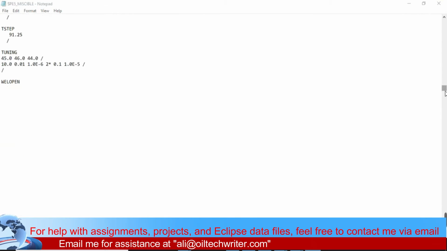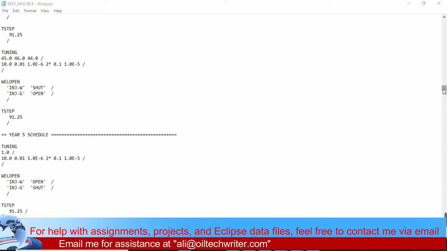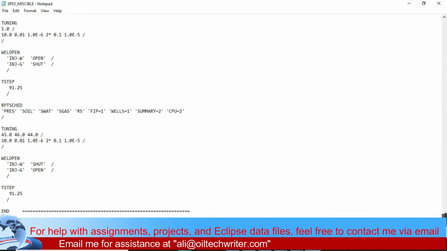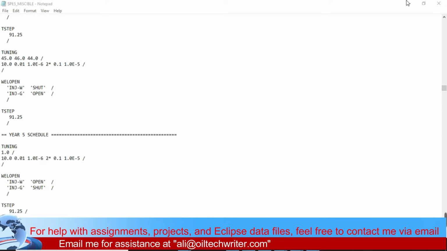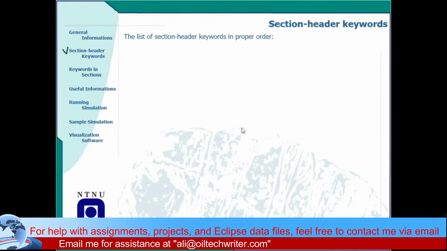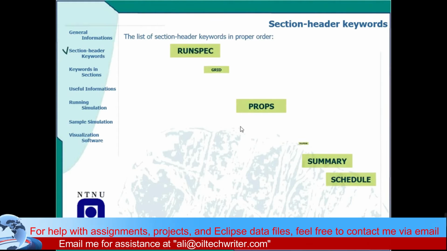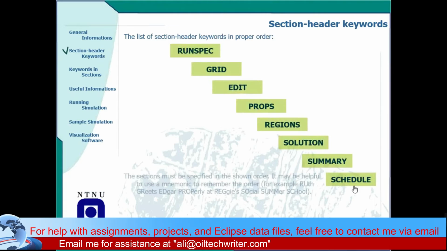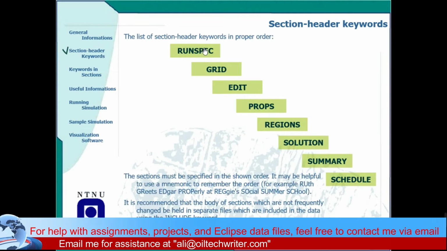These are the time steps scheduled for this file. This is the final file that we have. So we will talk about what each of those is one by one. For now, just remember that it has all these sections, and we have to fill in the data in all of them.